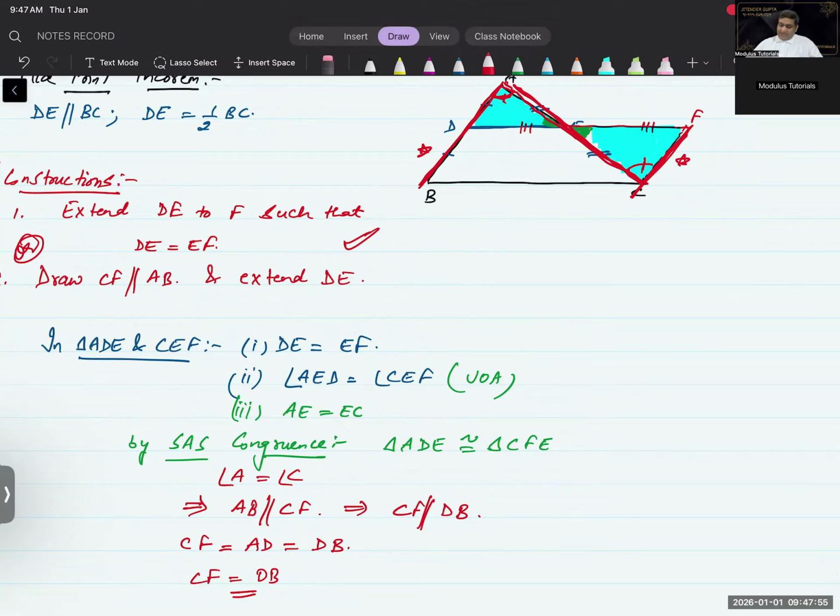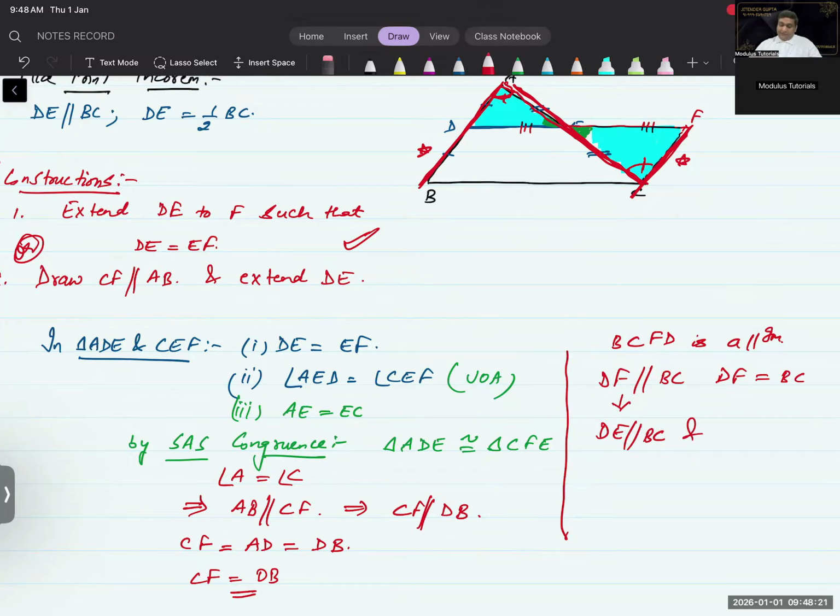So that means I have the license to say that BCFD is a parallelogram. In that case, DF is also parallel to BC and DF is also equal to BC. If DF is parallel to BC, then a part of it, which is DE, will also be parallel to BC, and DF is double of DE by construction.